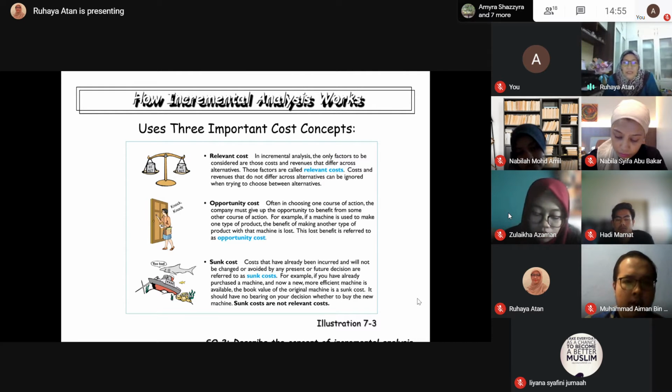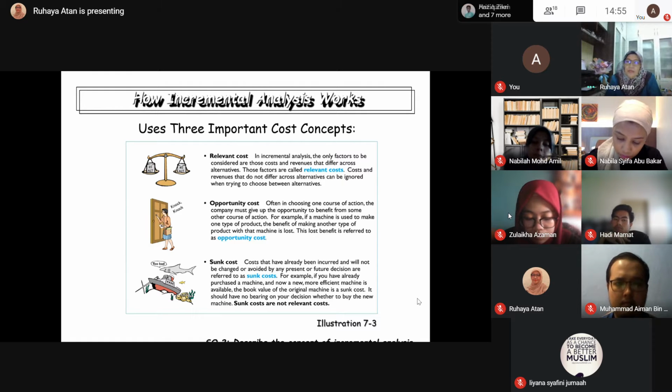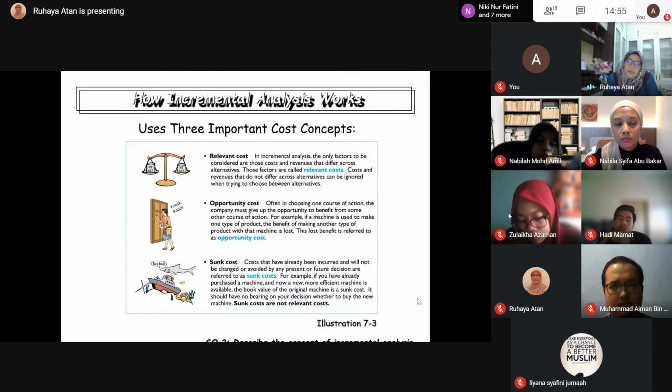I think maybe I can give you another example, right? You have a car and your car is giving you trouble and then you repair your car, okay? After a few months, you decide to sell the car. Or you say, should I sell the car or should I keep the car? So what happened to your repair cost that you repaired a few months ago? You have already incurred it, isn't it? You cannot avoid it anymore.